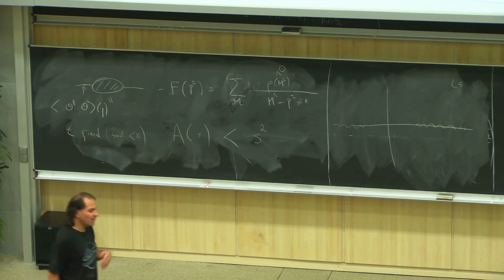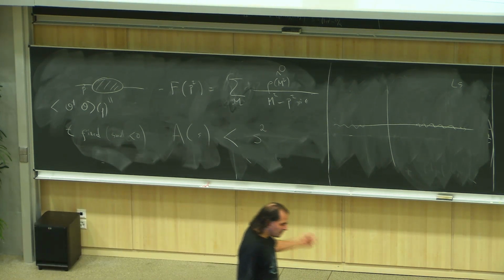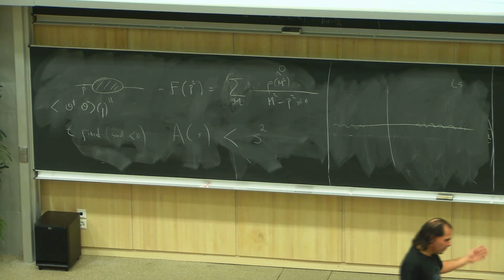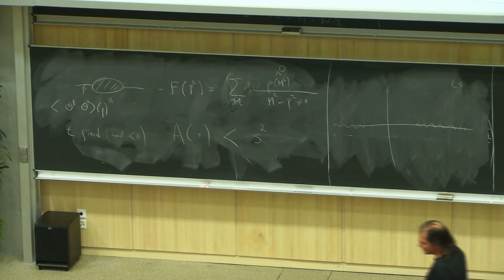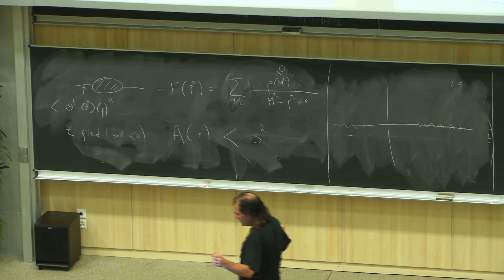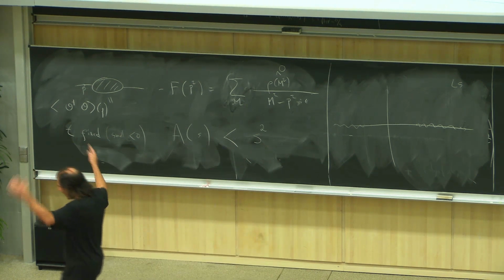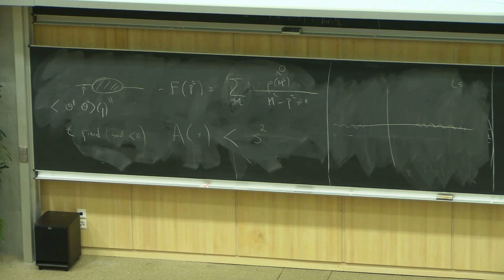But part of those arguments requires being able to neglect contributions of contours at infinity. That in turn tells you that the phase in the Fourier transform of the two-point function has got to be bounded at infinity.